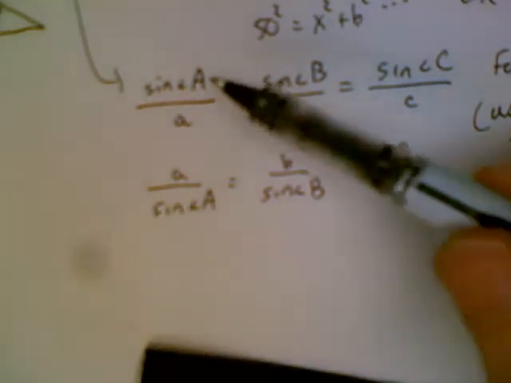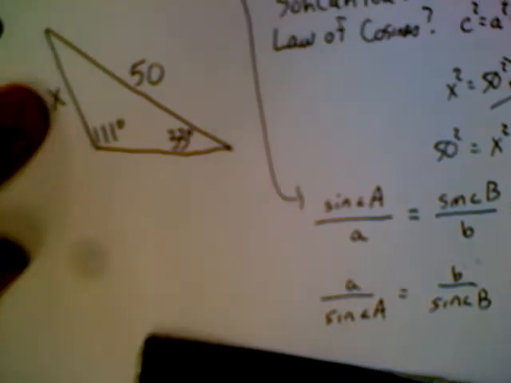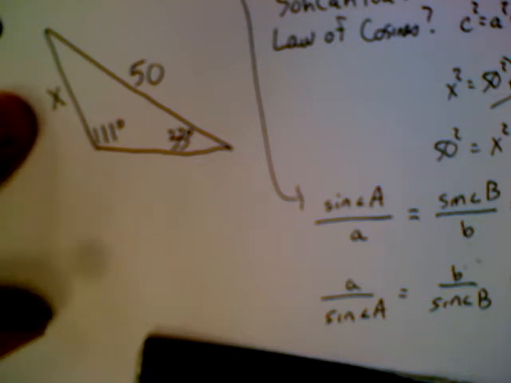Okay. Sine of angle A over a equals sine of capital B over b equals sine of capital C over c, or you could flip all those ratios upside down. Okay. This law will help us find this missing side in this problem. To use the law of sines, you need to pair up sides and angles that are across from each other.